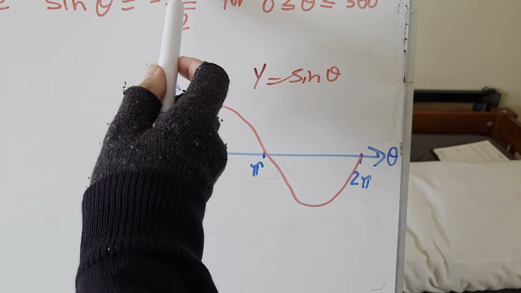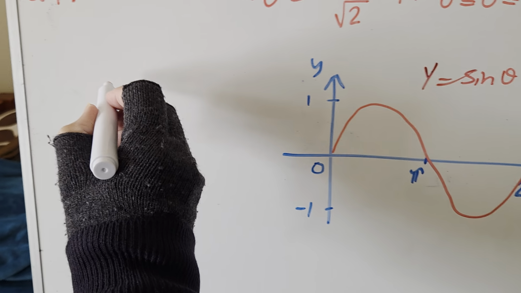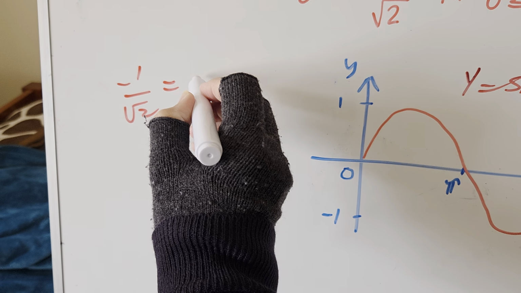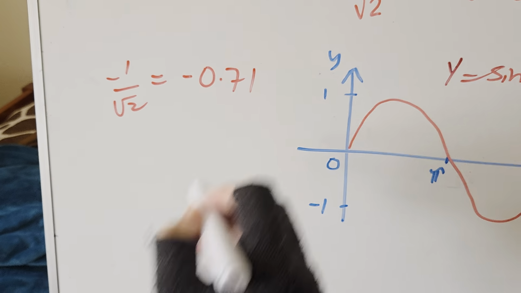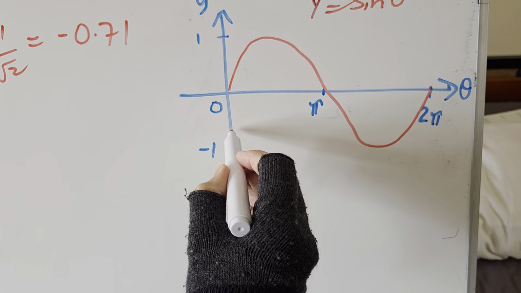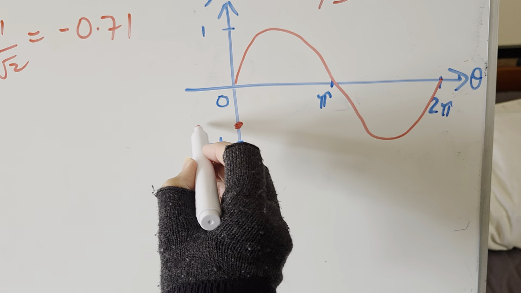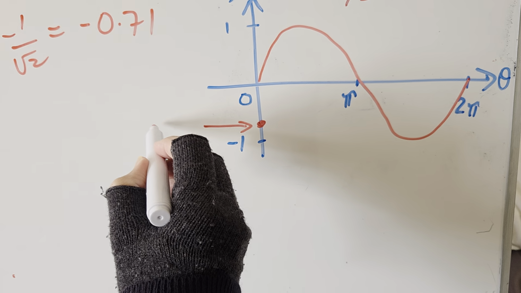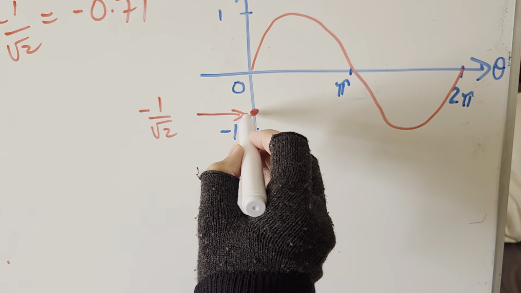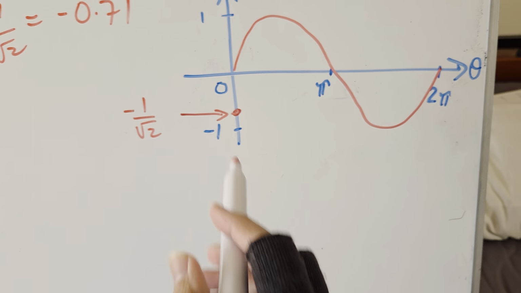Now, the value -1 over square root of 2, that value in decimal is -0.71. So on the y-axis, -0.71 will be approximately over here, which is -1 over square root of 2, -0.71.